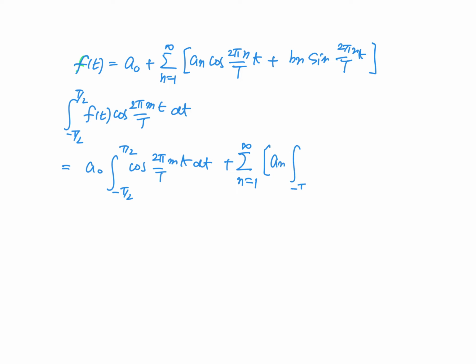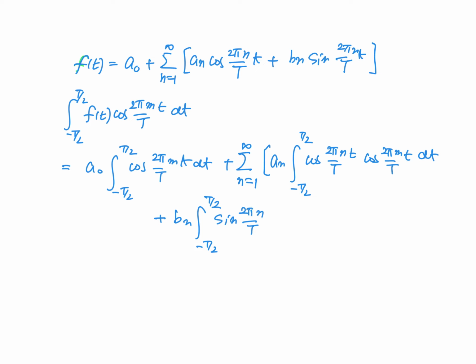Plus an integral from minus T over 2 to T over 2 of cosine 2 pi n t over T cosine 2 pi m t over T dt, plus bn integral of sine 2 pi n t over T, cosine, of course, cosine 2 pi m t over T dt.